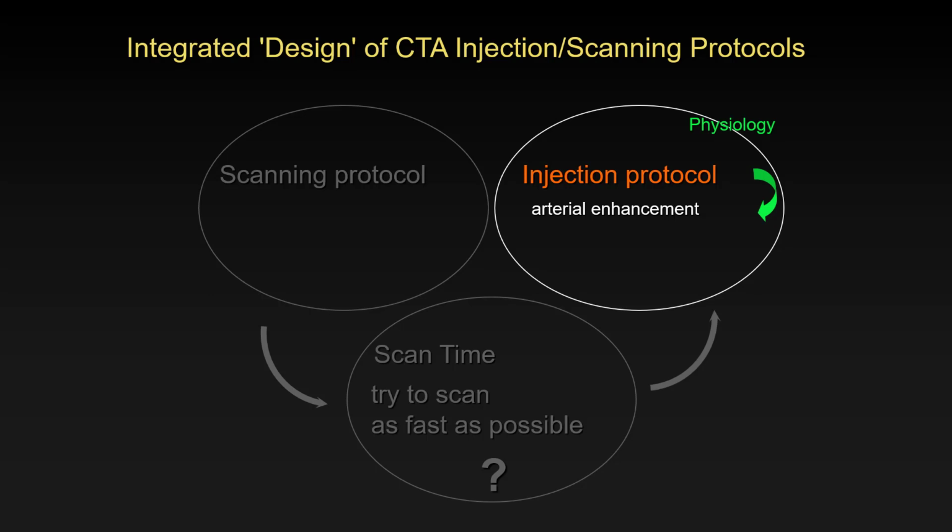You can say, okay, how much contrast do I need to get a reasonable enhancement for a reasonable amount of time without popping every other vein by injecting too much, and getting a reliable scan, and having the ability to inject faster if you have a big patient and less if you have a small patient.